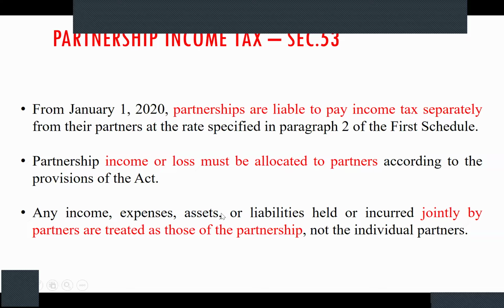Any income, expenditure, assets and liabilities held or incurred jointly by partners are treated as those of the partnership, not the individual partners. That means all jointly held assets and liabilities should be considered as the partnership's assets, liabilities, income or expenses, not the individual partners'.